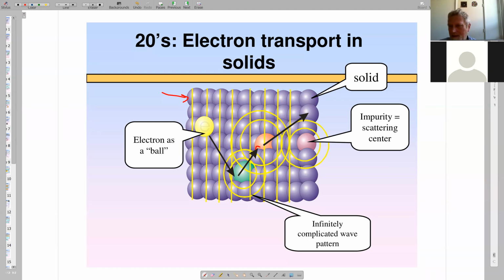Let us get back to the original description of the electron as a particle, as a ball, and it just goes, and if it finds an impurity, it scatters on this impurity, then it could scatter on another impurity, and so on. Right, that's a very sketchy way. How do they proceed?